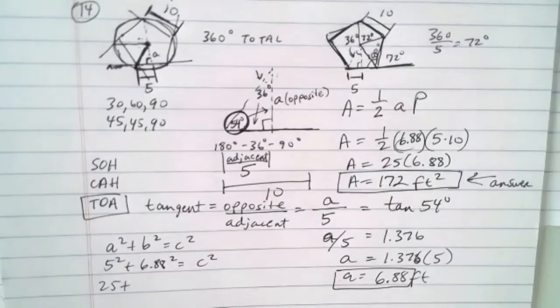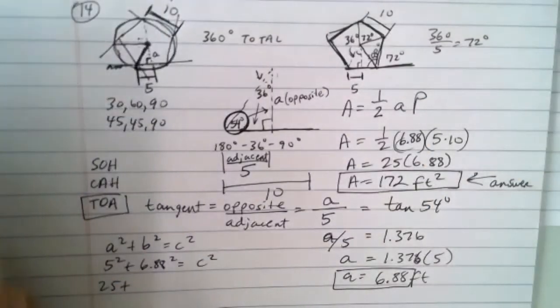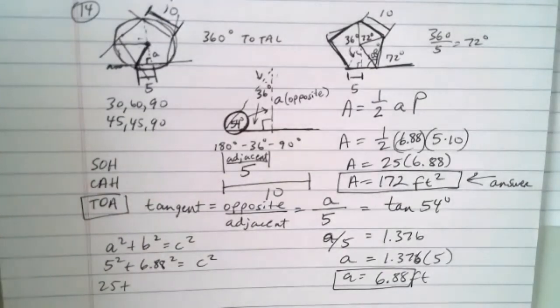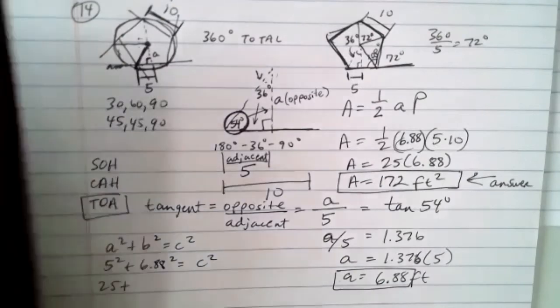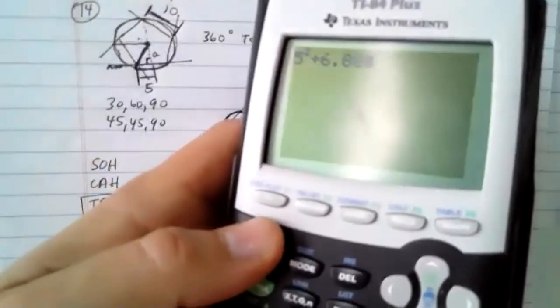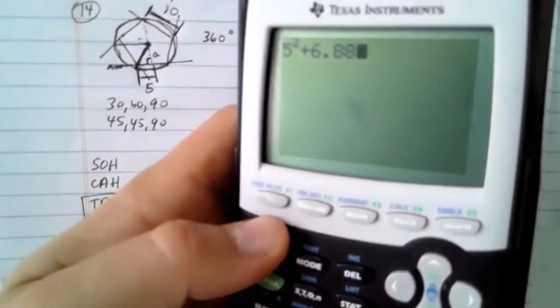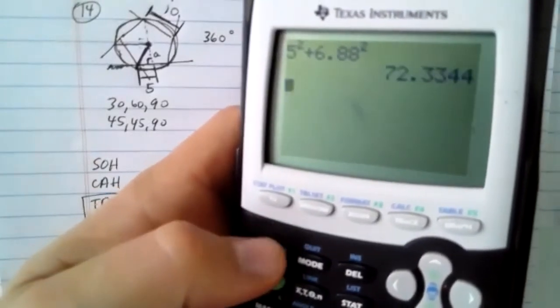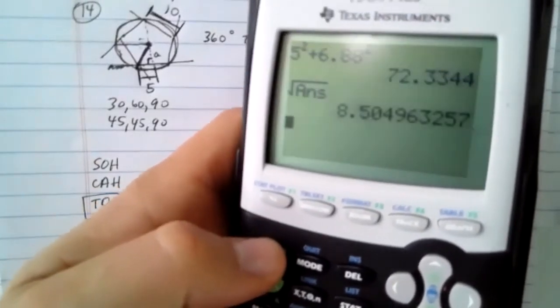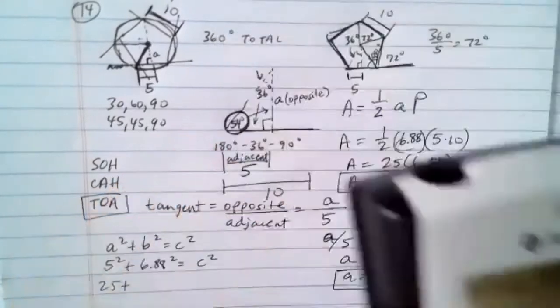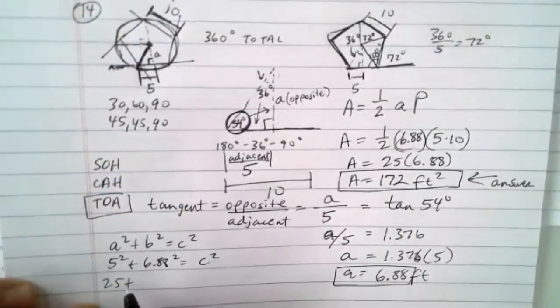And I'm going to wrap up today figuring out what that hypotenuse is, and then we'll stop the notes right there after I've calculated this out. So I'm calculating out 5 squared plus 6.88 squared equals, and then I square root that answer, and I get 8.54. So I knew it's going to be less than 10.